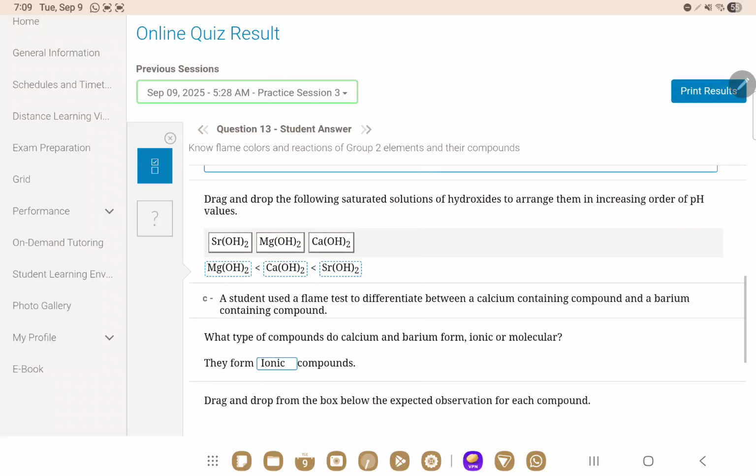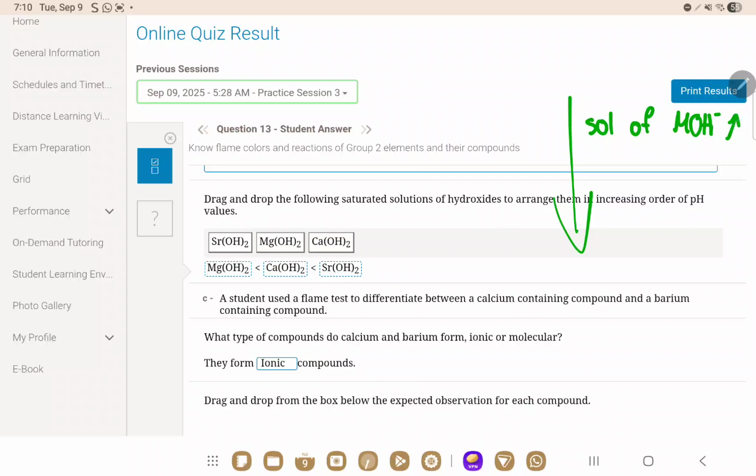Now let's move on. Now drag and drop the values of the saturated solutions of hydroxides, arranging them in increasing order of pH values. As you go down group 2, the solubility of metal hydroxides increases. So they become more soluble.